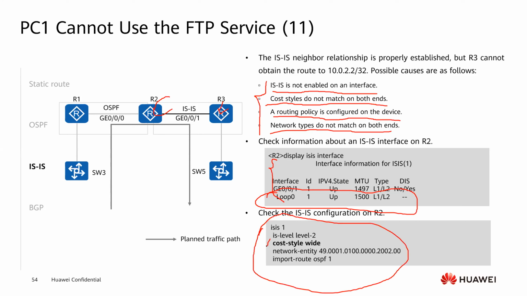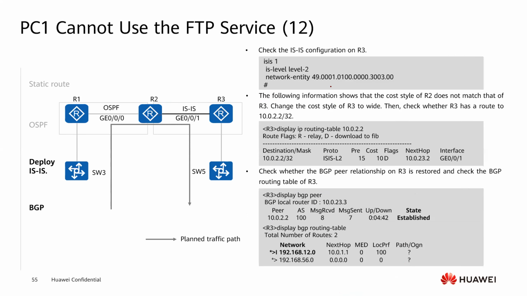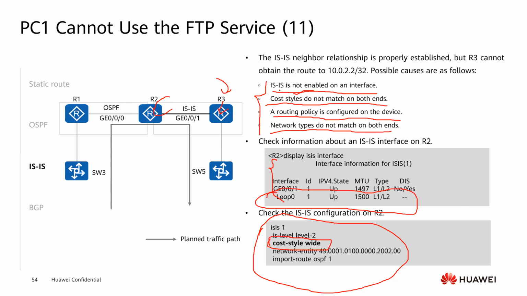We find cost style wide is on R2, so we must also configure cost style wide on R3. On R3, we find that we lost this command. That means the cost style type is different on R2 and R3, and this results in R2 and R3 being unable to reach the peer's loopback 0 interface address.